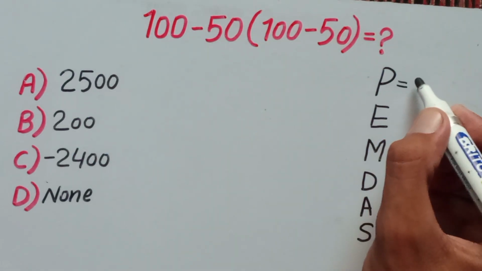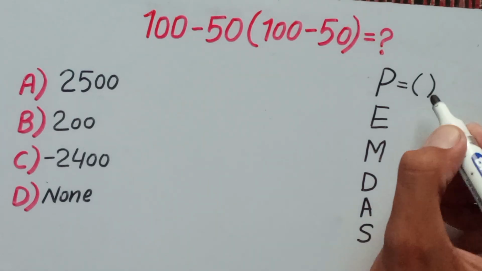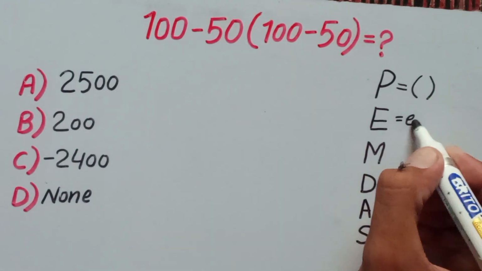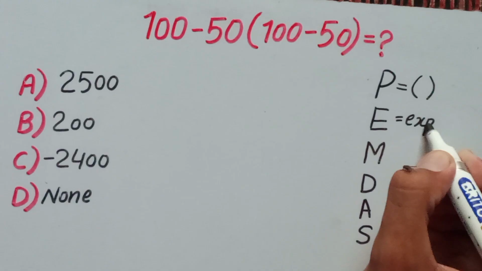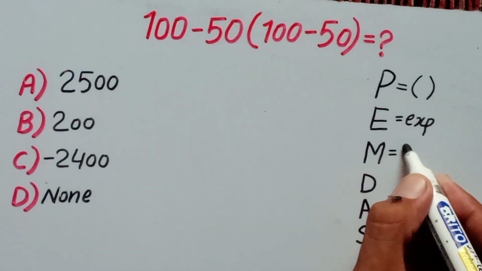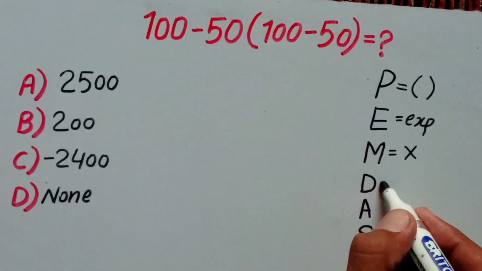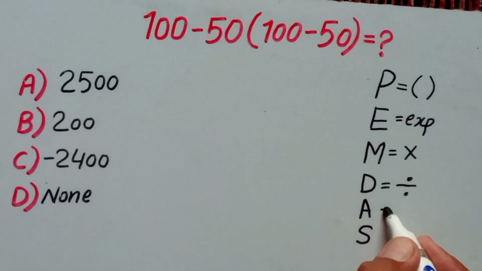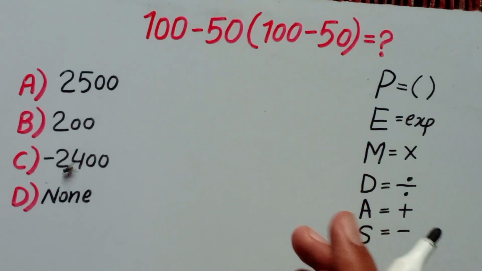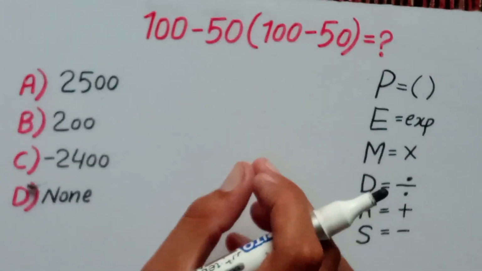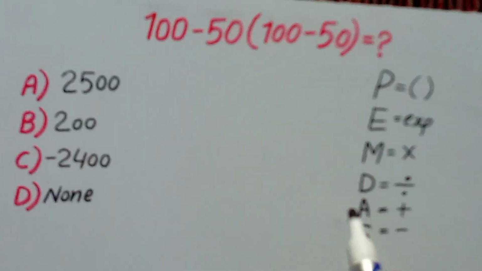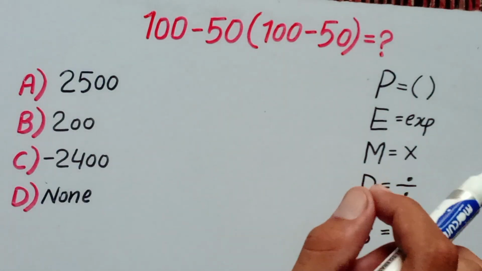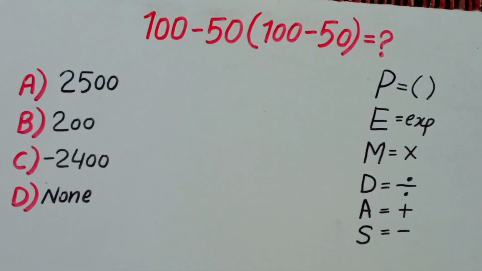Guys, I will write it again: parentheses, exponent, multiplication, division, addition, and the last one, subtraction. Okay guys, now I will start the question, but before the question I will tell you the logic of PEMDAS.